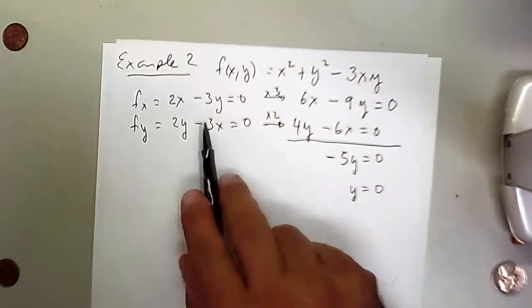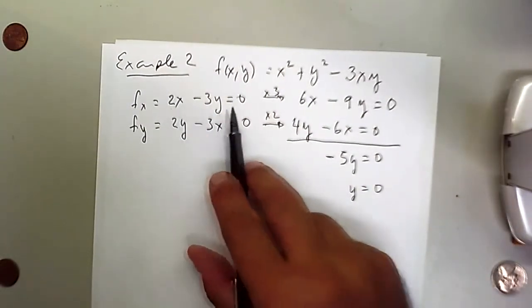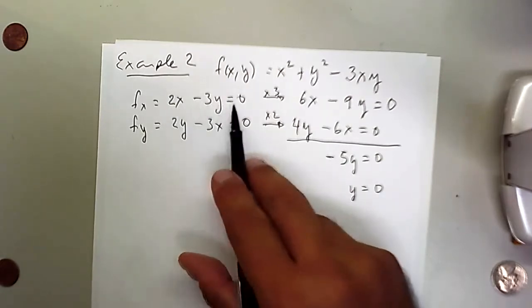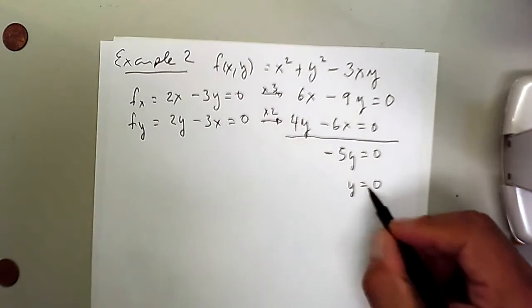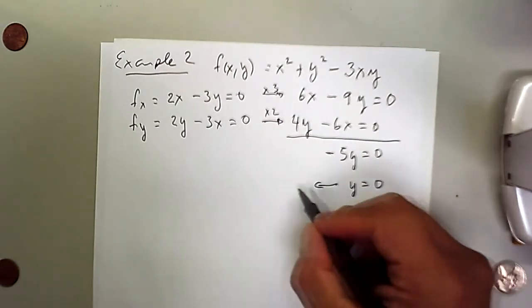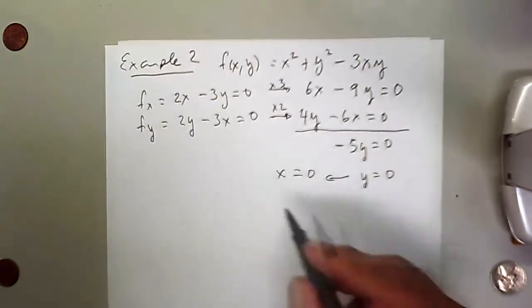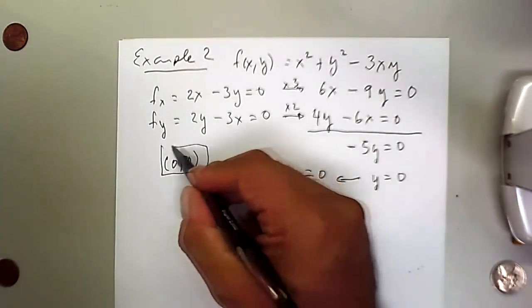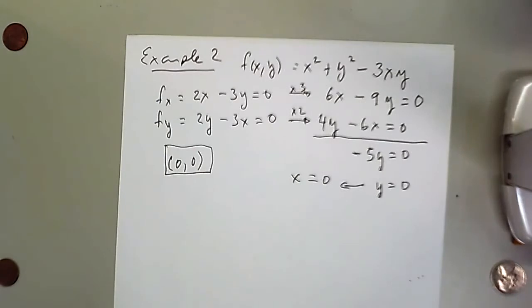As soon as we establish that y is 0, this equation forces x to be 0, because if y is 0, we're doing 2x equals 0, so x has to be 0. So again, we end up with the point 0, 0. That's our only point. And again, in this video, we're not going to have examples where there are two critical points.